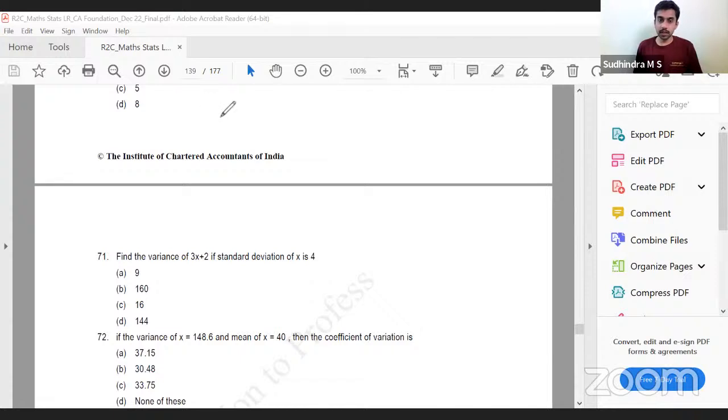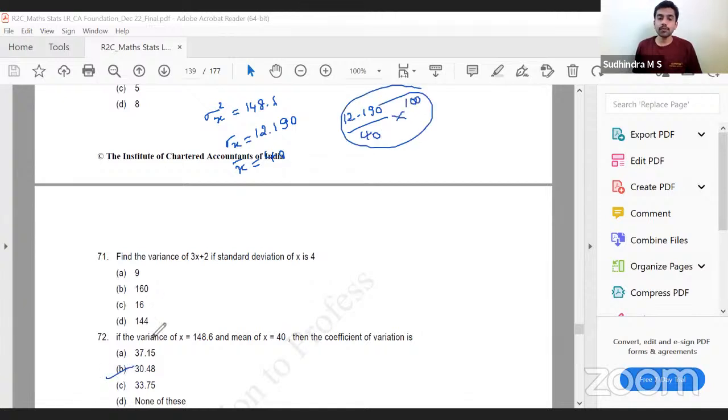They have given us variance of x, 148.6. What is standard deviation? 12.190. And mean is 40. So coefficient of variation is 12.190 divided by 40 into 100. 30.48.